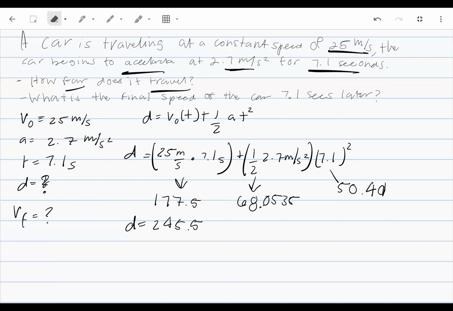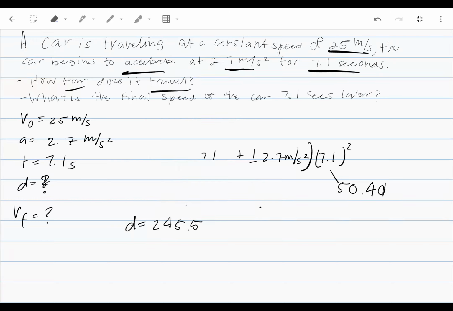So now to find your final speed at the end of 7.1 seconds, let's move this over here. So the distance is 245.5.